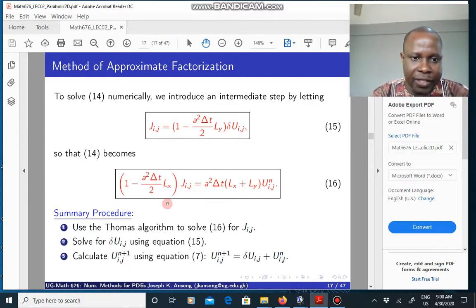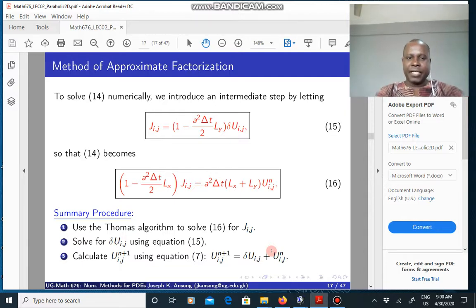Once you solve this using the Thomas algorithm for jij, then you go here, plug it to the right hand side. This is known. So now we can solve the equation 15 for delta u ij. Okay, and once you solve for u ij, you can use equation 7 to get the value of u at the next time level, which is u ij n plus 1.